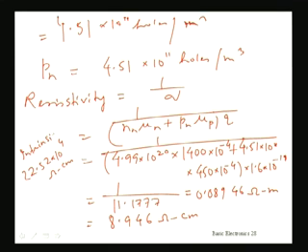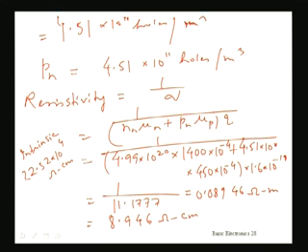Now when we doped it with a material, that doping material is a donor, so that doping has brought down this resistivity to 8.946 ohm centimeter.